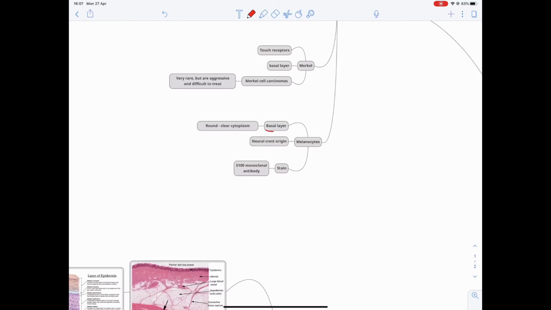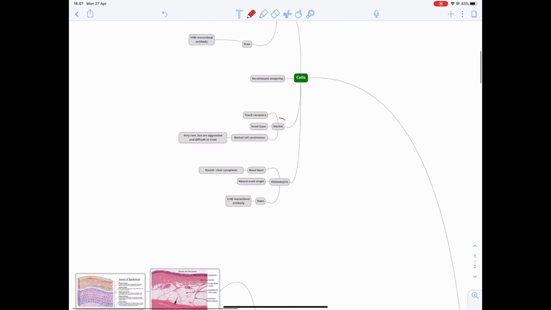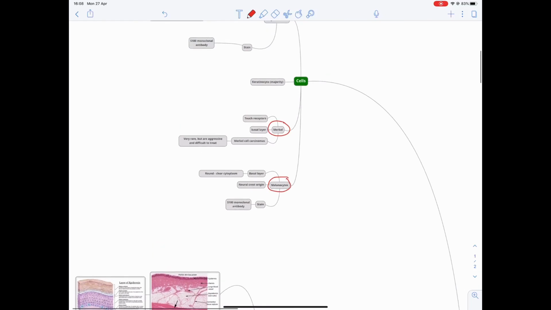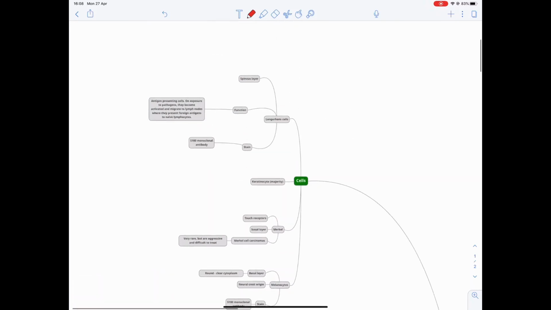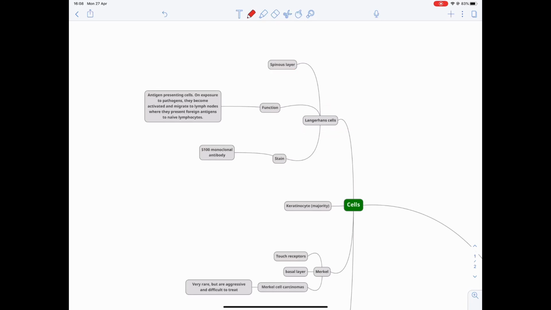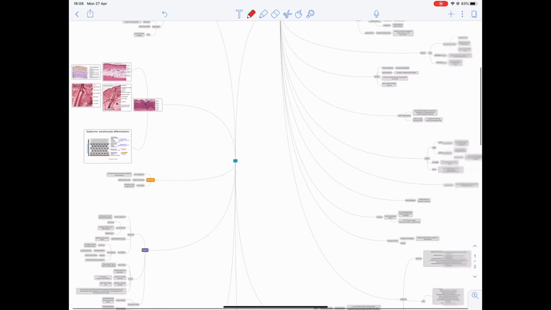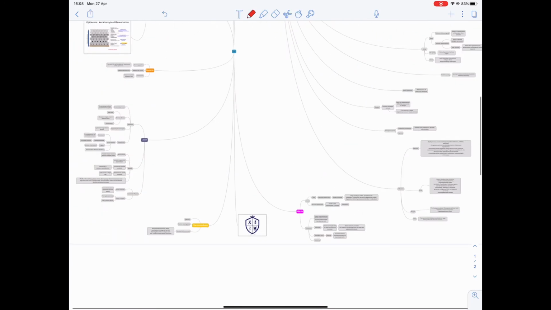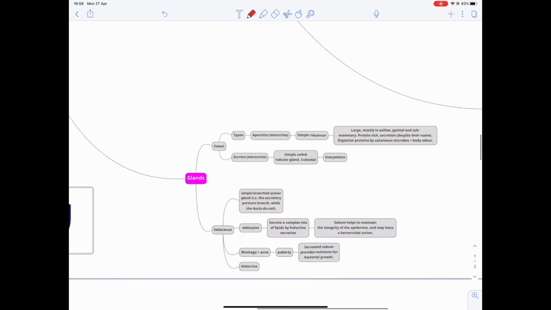And these are also found in the basal layer. So Merkel cells and melanocytes are found in the basal layer, and Langerhans cells are found in the spinous layer. So those were the structures and the cells present in each of those layers.